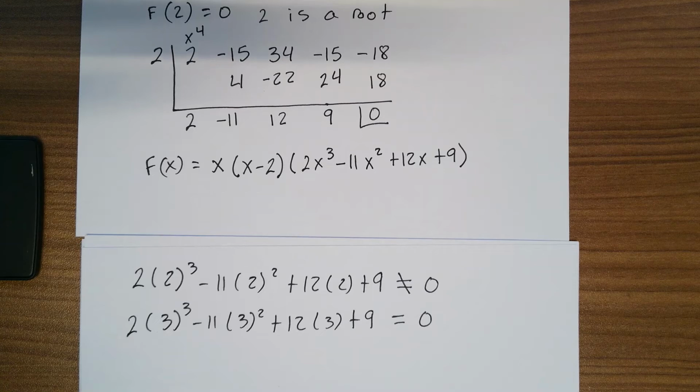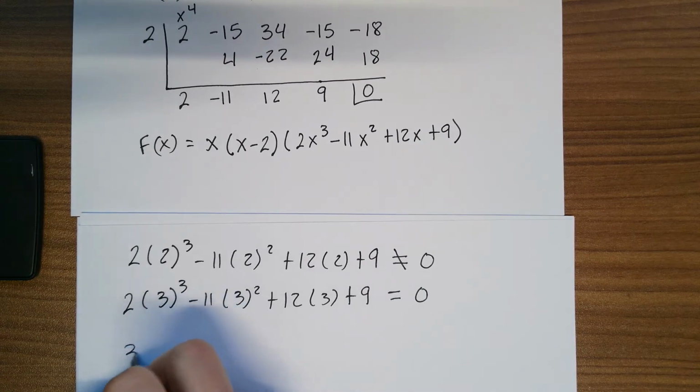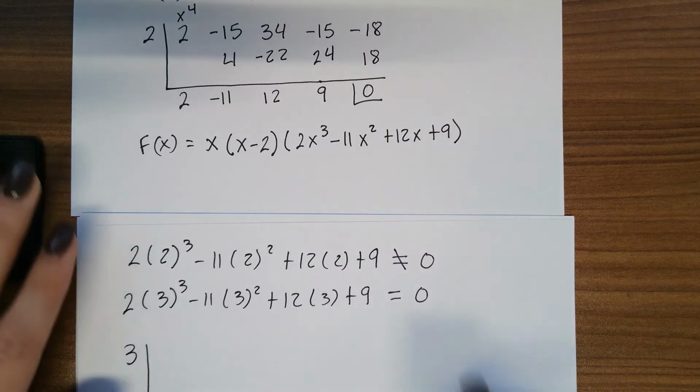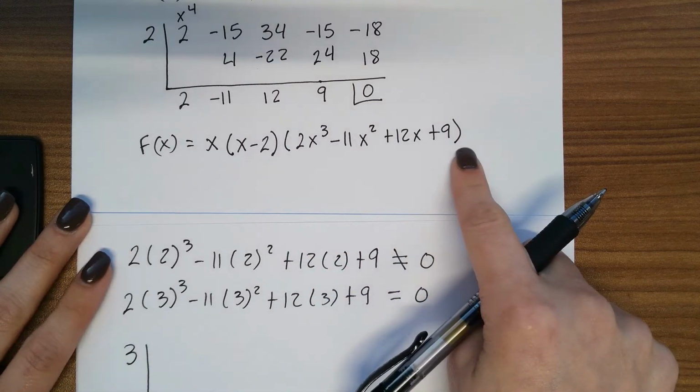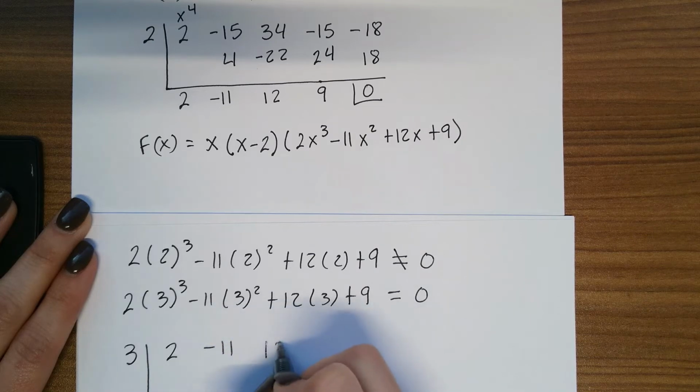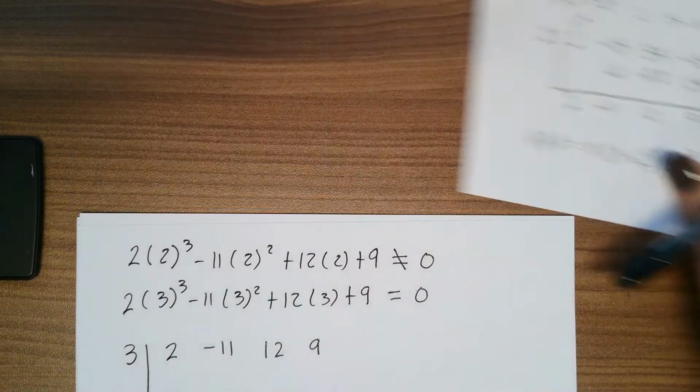So I'm going to go back to my synthetic division. I'll have 3 on the outside. And just working with this cubic, putting in my coefficients, I have 2, negative 11, 12, and 9.